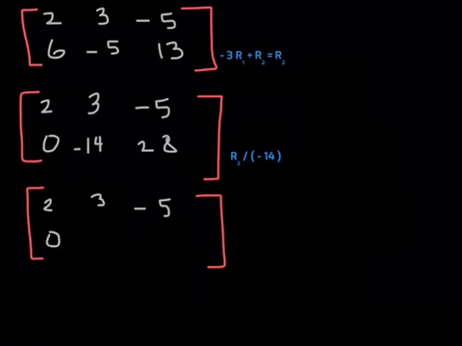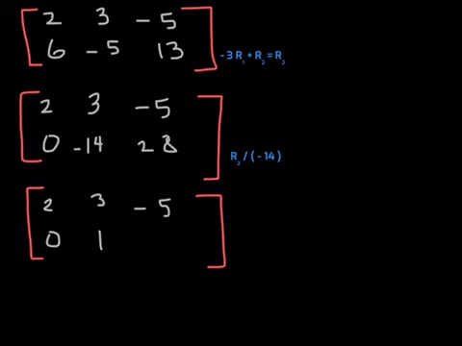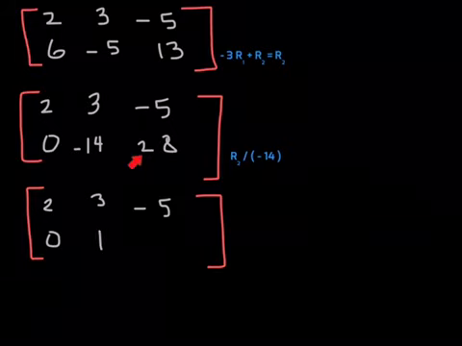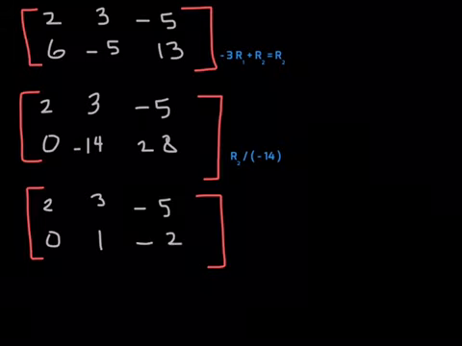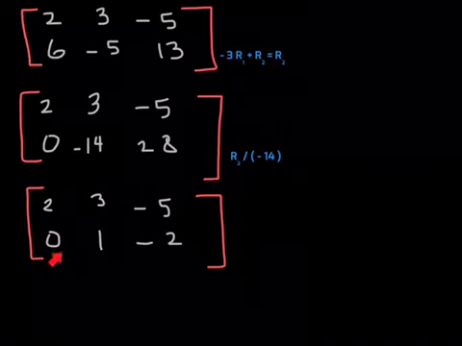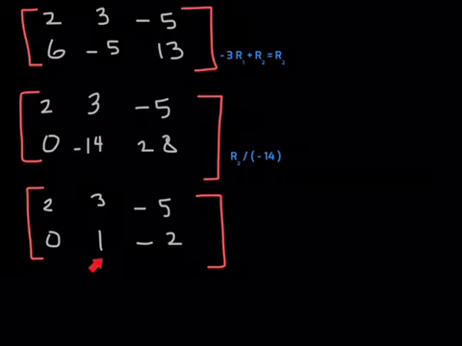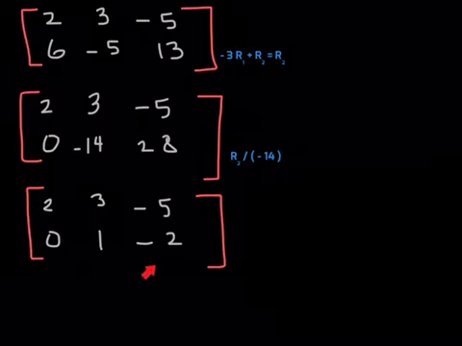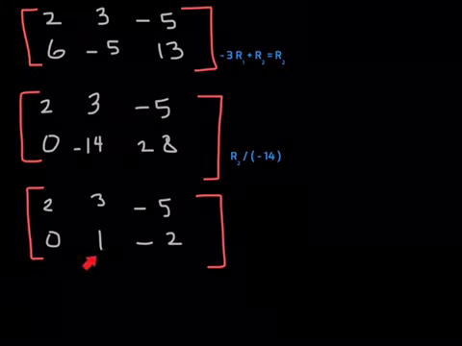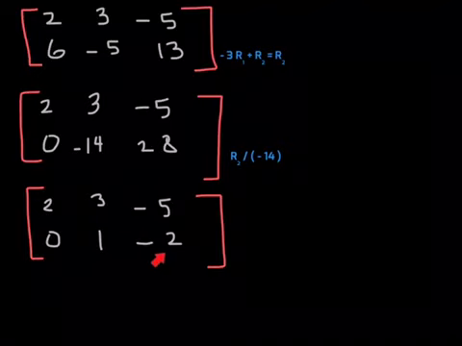Negative 14 divided by negative 14 is 1, and that's what we were after. And then finally, 28 divided by negative 14 is negative 2. Cool. So I have my 0 in the second row, first column, and the 1 in the second row, second column. My second row is perfect, you guys. Hey, by the way, this tells you right here that y, remember this is 1y, y is equal to negative 2. So we already know what y is.